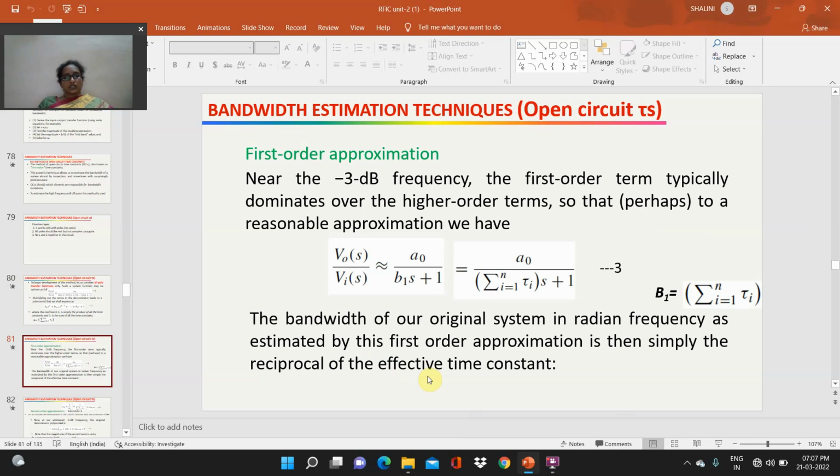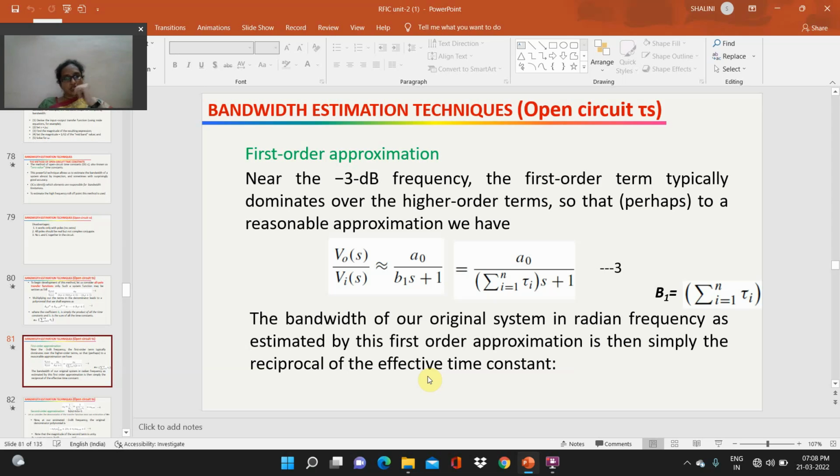First order approximations. What are the first order approximations? Near the minus 3 dB frequency, the first order term typically dominates over the higher order terms, so to a reasonable approximation we have Vo(s) by Vi(s) approximately equal to A0 by (b1 s plus 1), which is equal to A0 by (sum from i equal to 1 to n of tau i) times s plus 1.